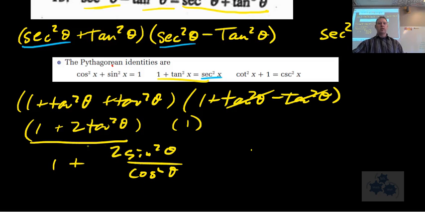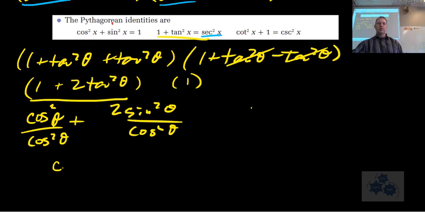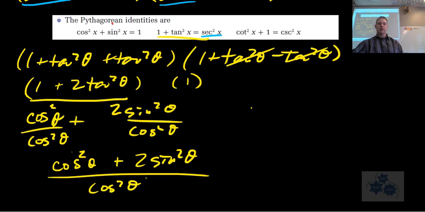Well, what we could do is combine these two terms. For example, this 1 could be cos squared theta over cos squared theta. And then this would be cos squared theta plus 2 sine squared theta over cos squared theta.